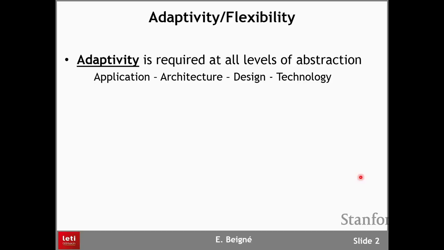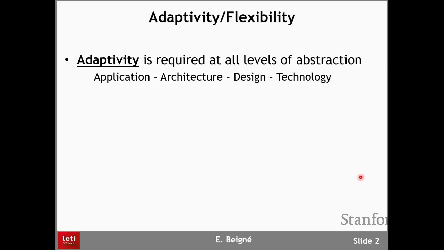So for this, something really interesting and kind of intuitive would be to have systems that are really adaptive. Adaptive means that systems are flexible, adaptive to what is happening in the circuit, in the application, in the architecture, and able to provide the optimal performances in a circuit. For this, you need to take into account all the levels of abstraction.